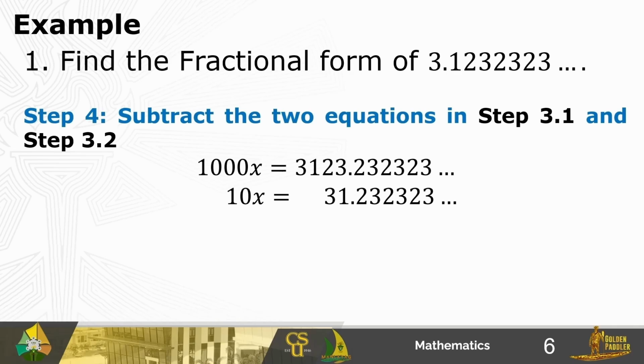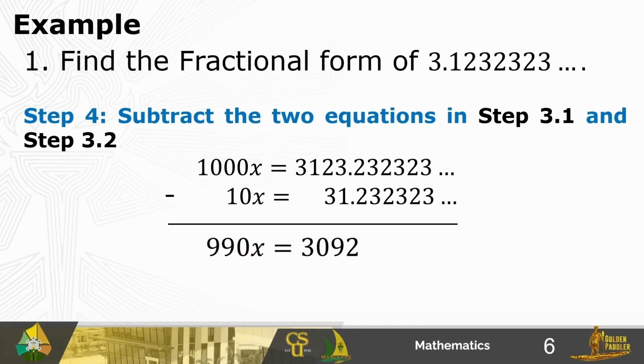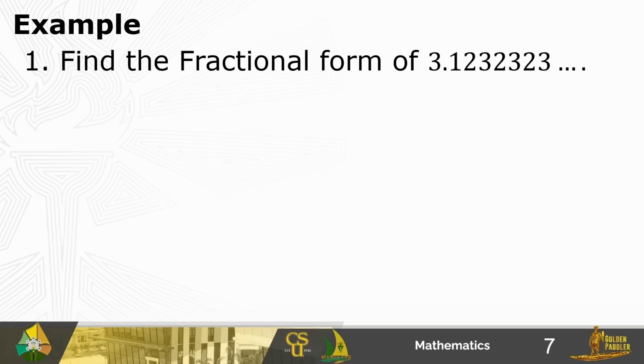So we subtract: 1000x minus 10x, and 3123.23 minus 31.23 and so on. So 1000 minus 10 is 990x, and 3123 minus 31 is 3092.